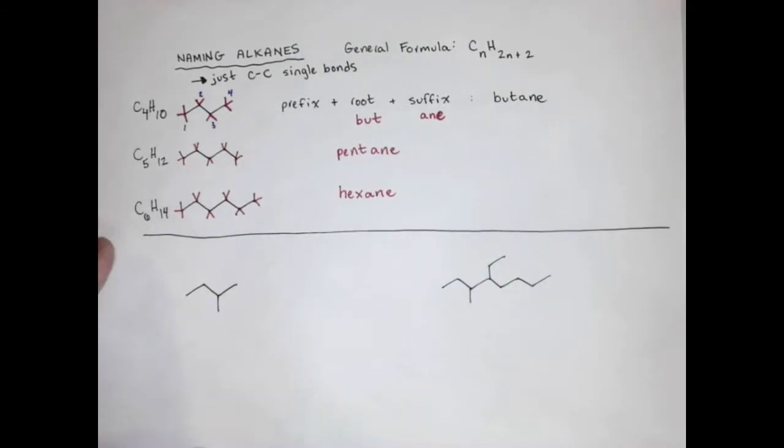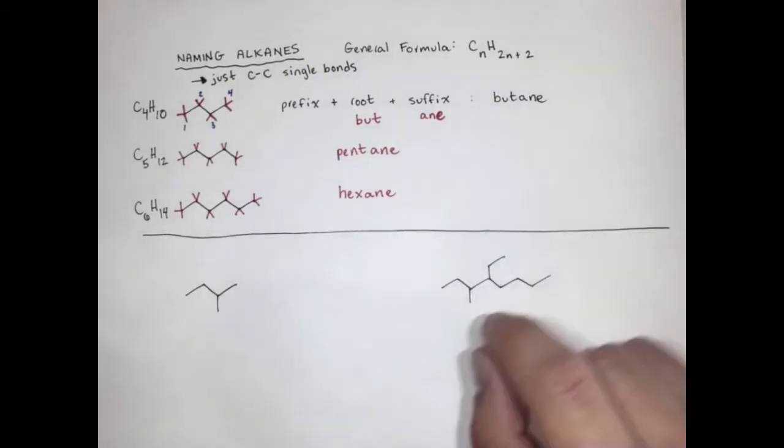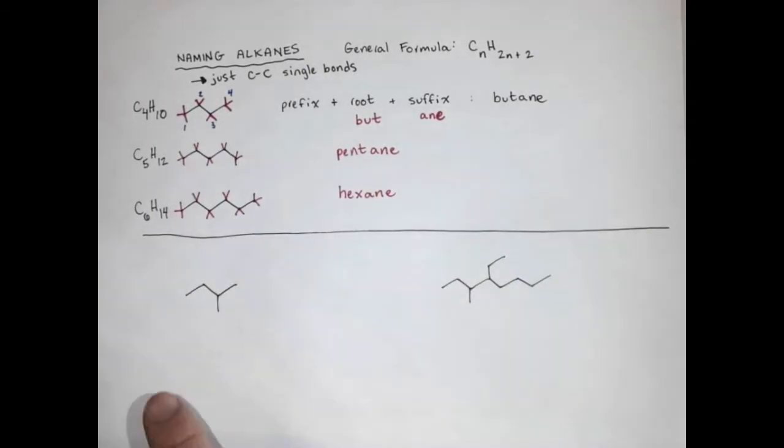Let's add another one there. Okay. So once again, I used line structural formulas for these compounds because I find them so much easier to draw than the structural formula or the condensed structural formula.